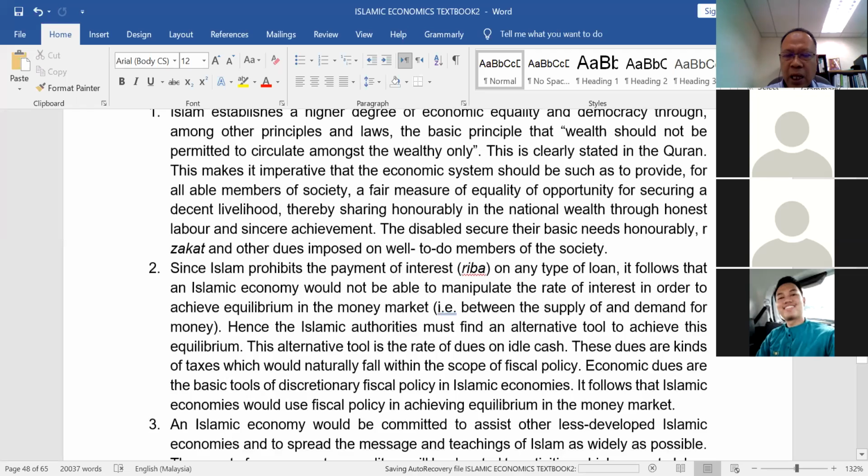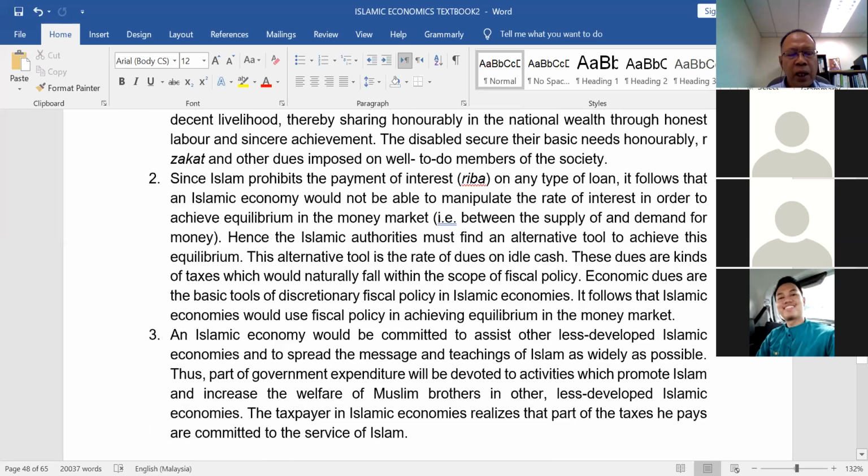Riba is haram in Islam. So the Islamic government or the Islamic authorities must find an alternative tool to achieve the equilibrium in the money market.